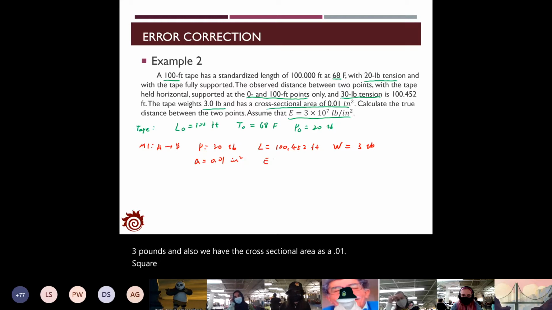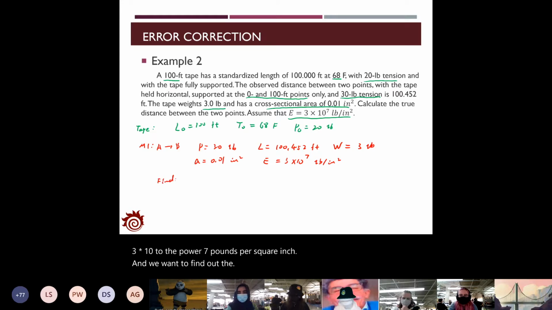The elasticity modulus is 3 times 10 to the power 7 pounds per square inch. And we want to find the true distance that we measured.